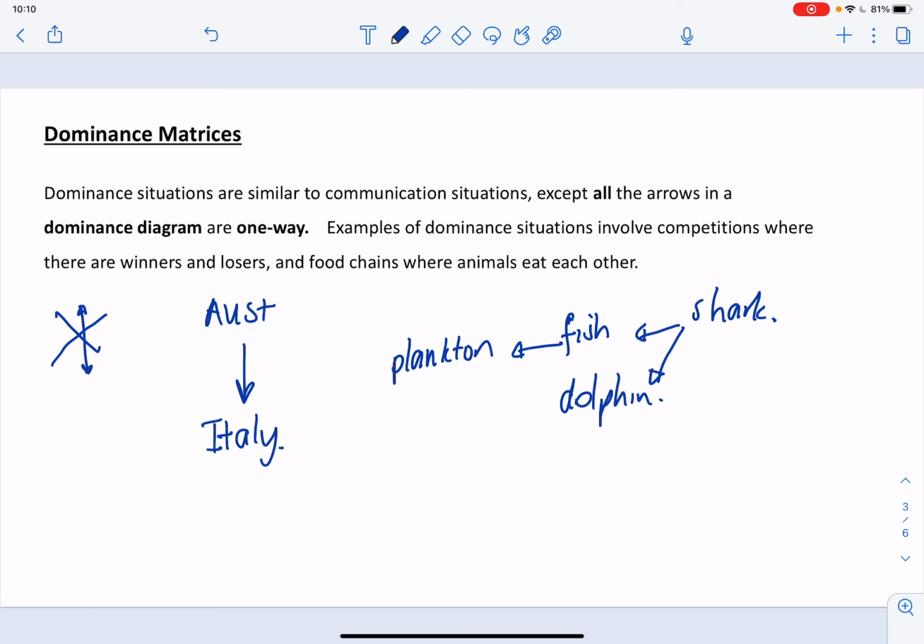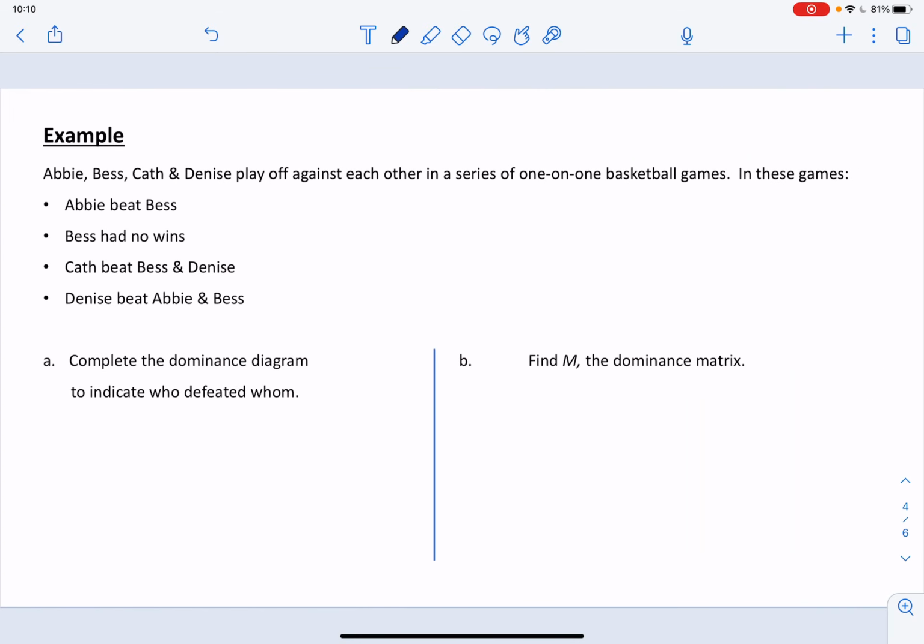It's all one way. So our first and actually only example is a basketball game. So Abby, Bess, Kath and Denise play off against each other in a series of one-on-one basketball games. In these games, Abby beats Bess. Bess has no wins. Kath beats Bess and Denise beats Abby and Bess. I should change the names.